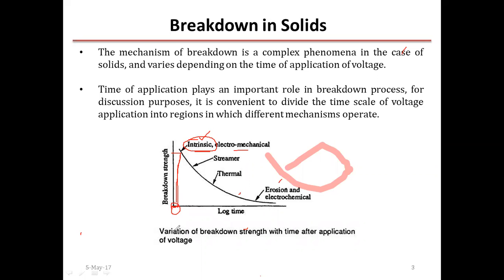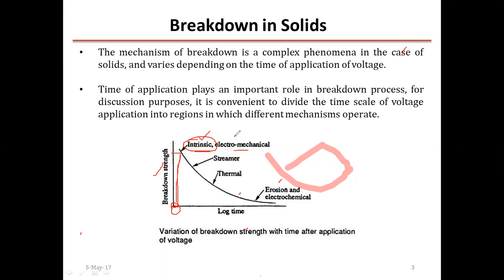We have applied the voltage for a very short interval of time, and despite the high dielectric strength, still the breakdown occurs. It may be due to manufacturing faults. While manufacturing the solid insulator, there may be some pores, defects and cracks, so that is why a breakdown can occur.